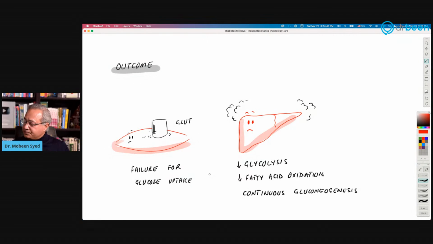That is one issue. Liver cells are also not doing free fatty acid oxidation, or fatty acid oxidation, which is another function related to glucose levels. And finally, the liver cell would continue to make new glucose. Why? Because the liver cell's function is also to see how much insulin is present, how much glucose is present.